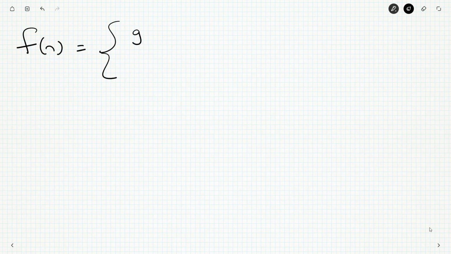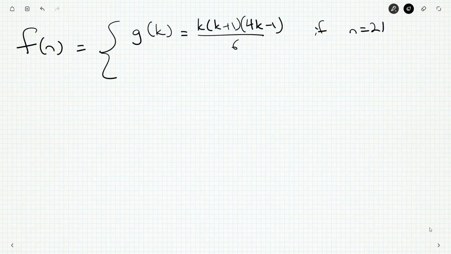So, f of n, just a recap, is g of k, which is k times k plus 1 times 4k minus 1 all over 6 if n is equal to 2k.